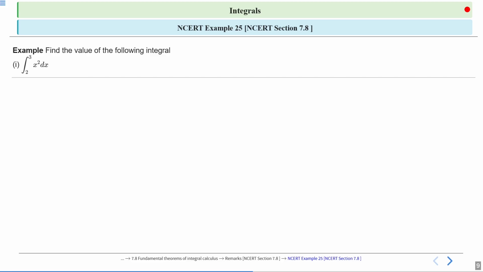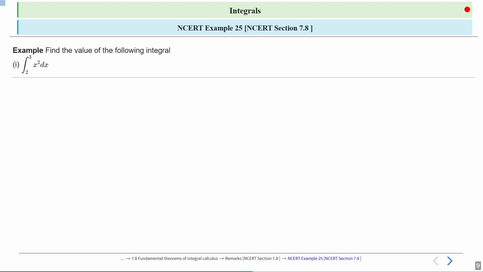So the first question is, find the value of the following integral. We have to calculate the definite integral from 2 to 3 of x square dx. Here the lower limit, the value of a, is 2, and the upper limit, b, is equal to 3.